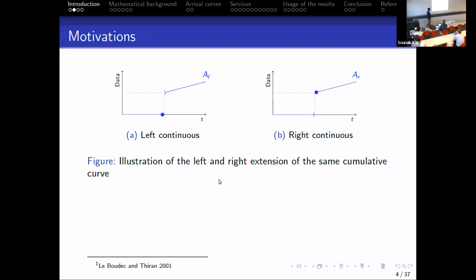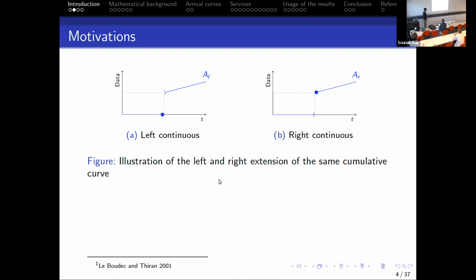So when I started to work with the network calculus, I understood that the question of the continuity on the cumulative curves was very important, and that was a bit difficult for me to understand. Why do we need to choose the left continuous cumulative curve rather than the right ones?